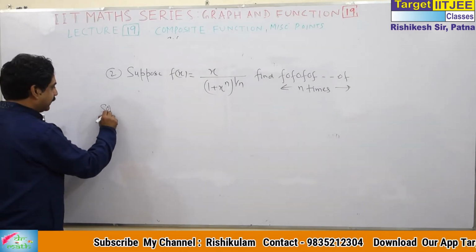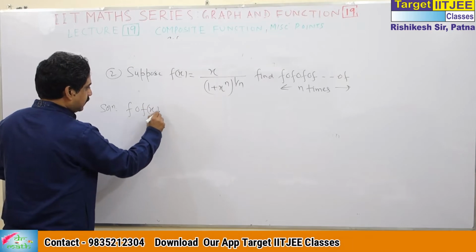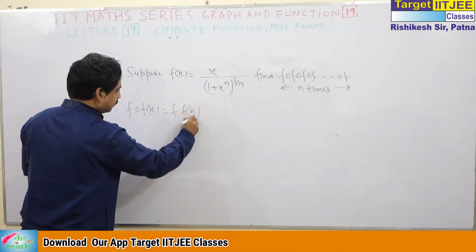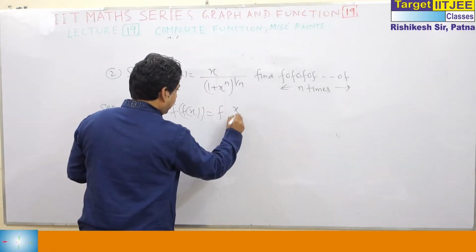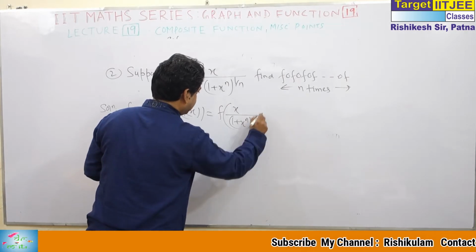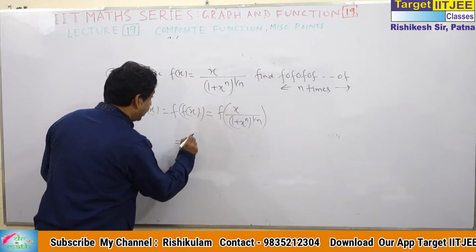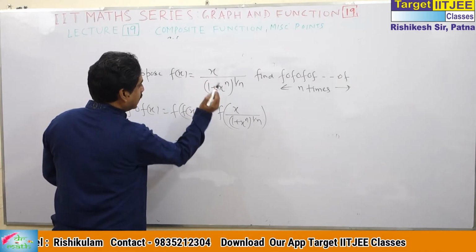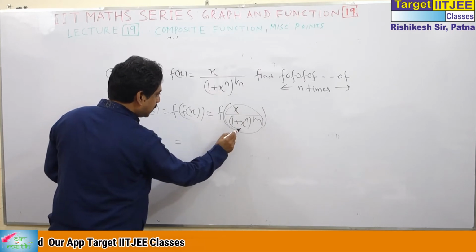What is the pattern? First of all, go for f of f(x). Keep patience. What do we write? f(x) is x by (1 plus x to the power n) to the power 1 by n. Now instead of x, I will write this complete one.